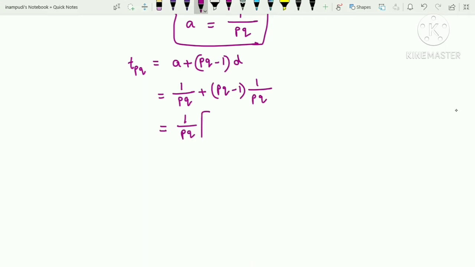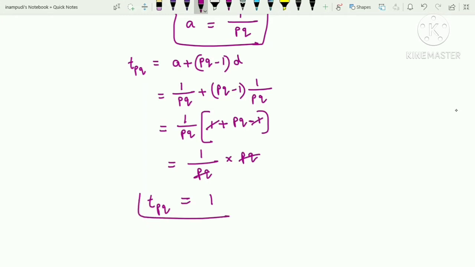Common in these two terms 1 by pq: 1 by pq into (1 plus pq minus 1). Plus 1 minus 1 cancel. 1 by pq into pq, pq cancel. That is equal to 1. So TPQ equal to 1.